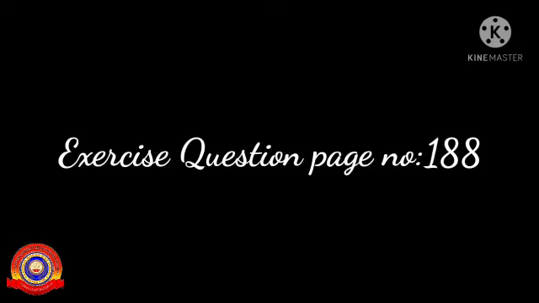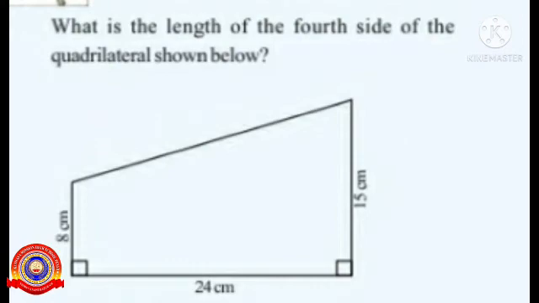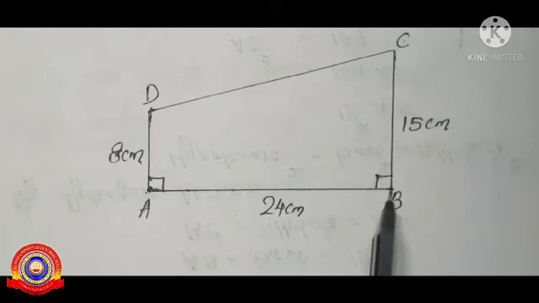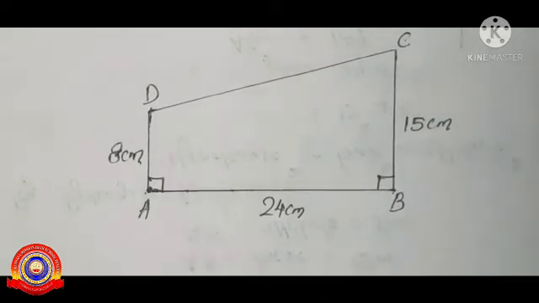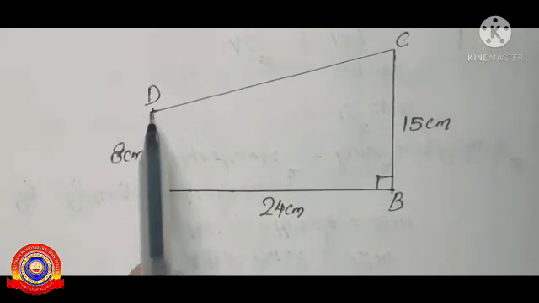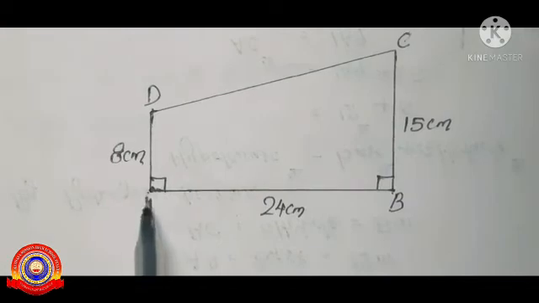Next we shall do the exercise question from the textbook, page number 188. What is the length of the fourth side of the quadrilateral shown below? Here we name the quadrilateral as ABCD. Then draw a line through the point D and parallel to AB.